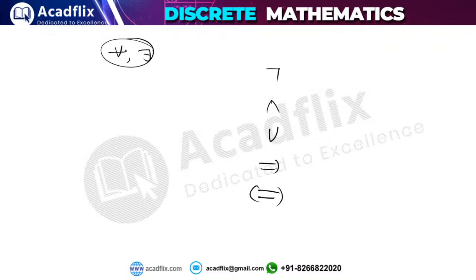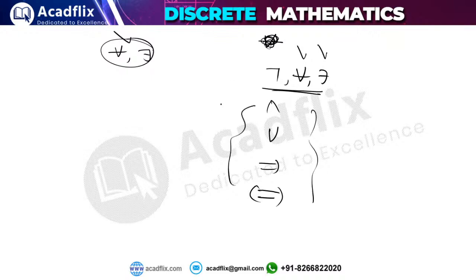Now if we include for all and there exists, then the order will be like this. The top order basically will be these things. For all and there exists are on the same level. Okay, so you can see that these quantifiers have more precedence than these operations.